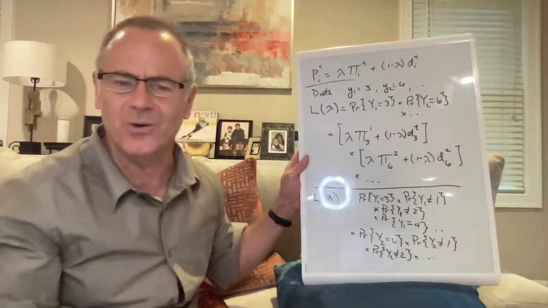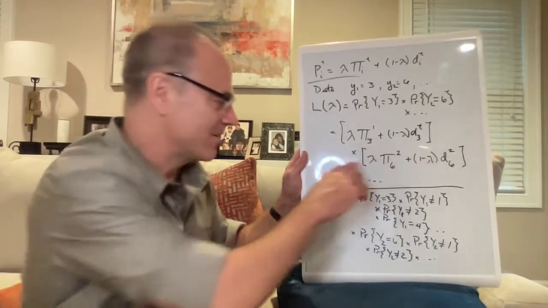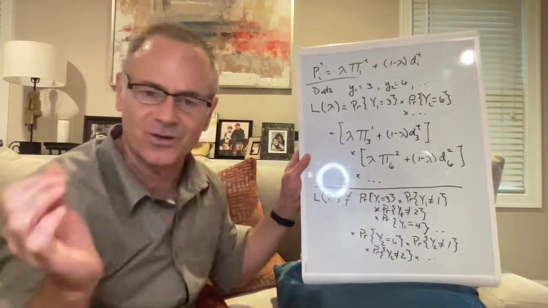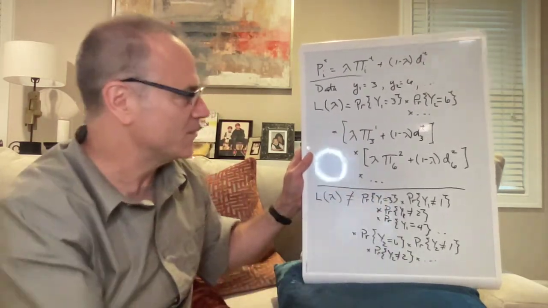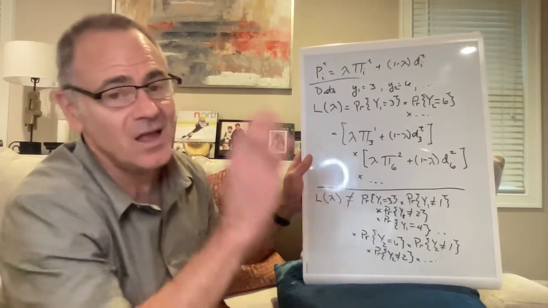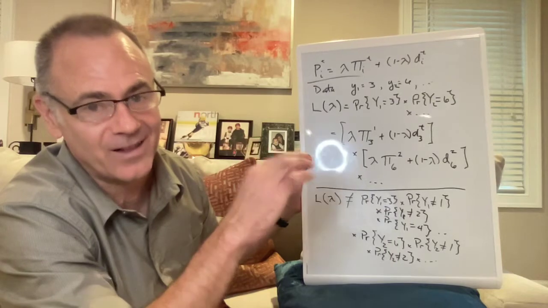What am I supposed to do with that? And the answer is throw it away. Okay, be like Homer. You don't use it. Don't try to force yourself to use those extra observations. Okay, so that's the way you create a likelihood function.